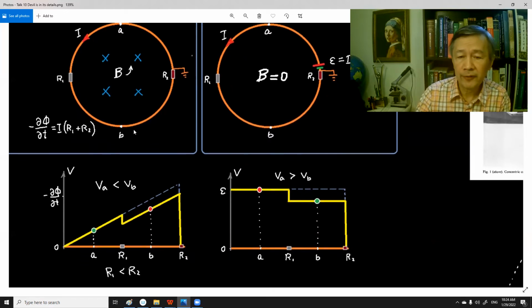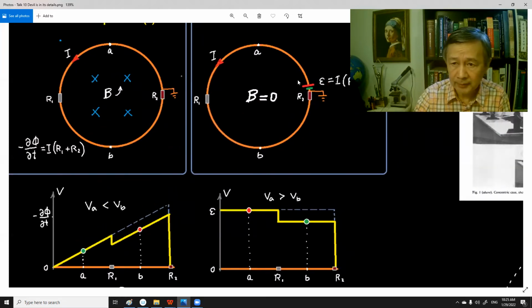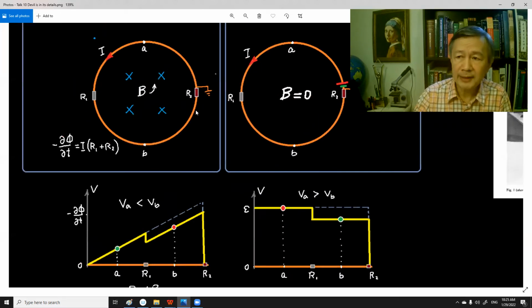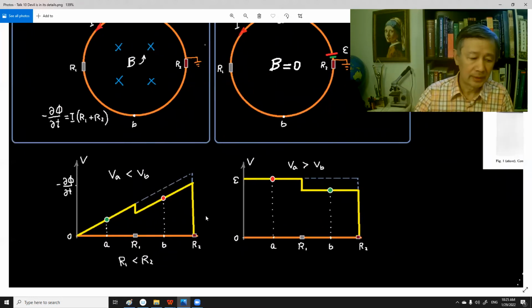If you follow that direction, at this point I assume the electrical potential is 0, or Earth. Based on this choice of potential reference, we can easily draw these two diagrams. That is exactly what I have done here.